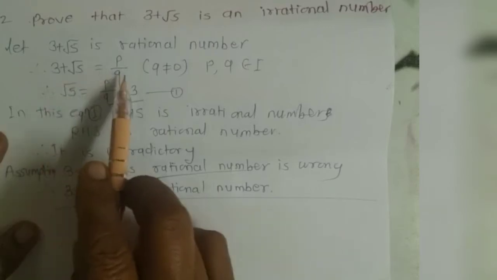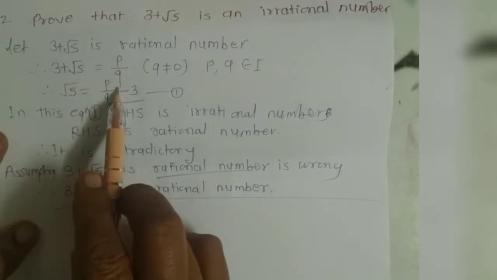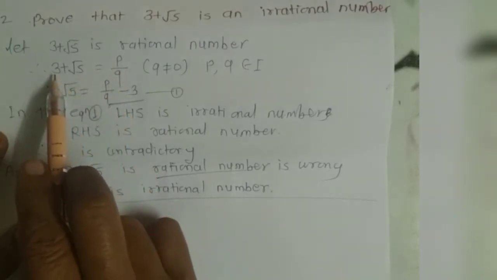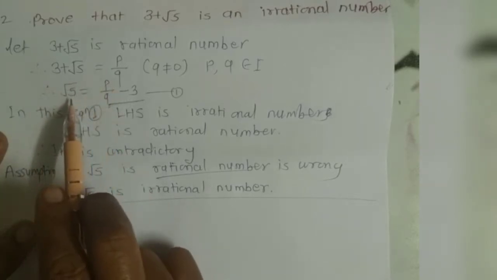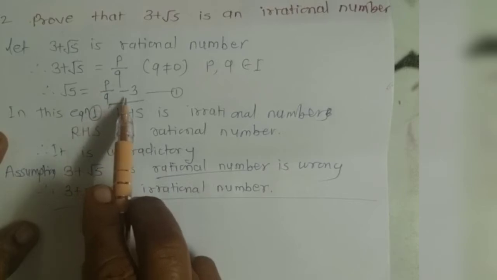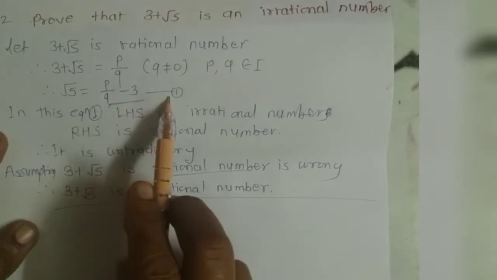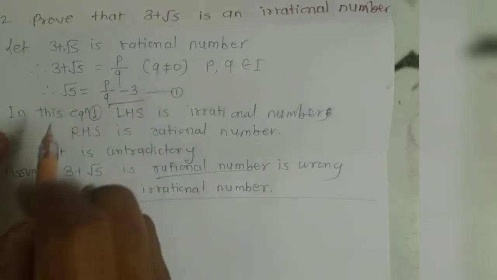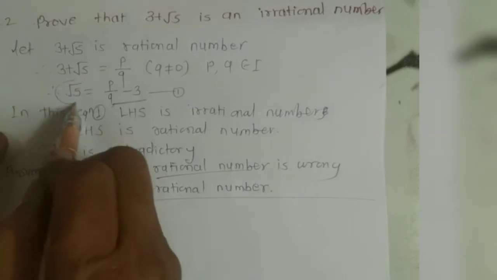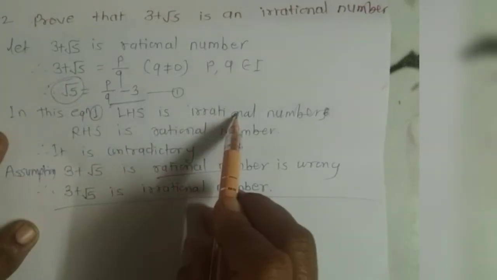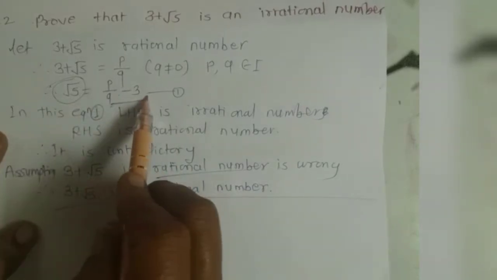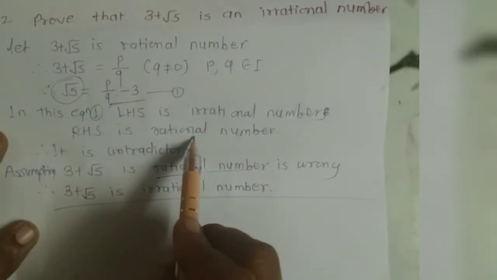Therefore that can be expressed in the form of P upon Q. Transferring the 3 to the right side, we get root 5 is equal to P upon Q minus 3. This is equation first. In this equation, this is LHS. That LHS is an irrational number, and this RHS is a rational number.